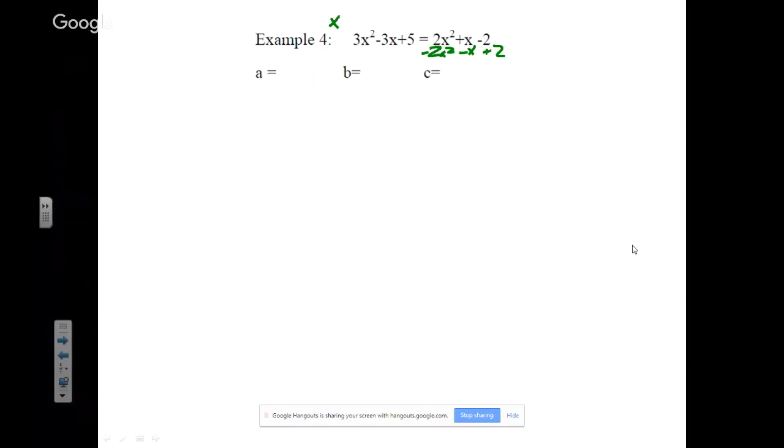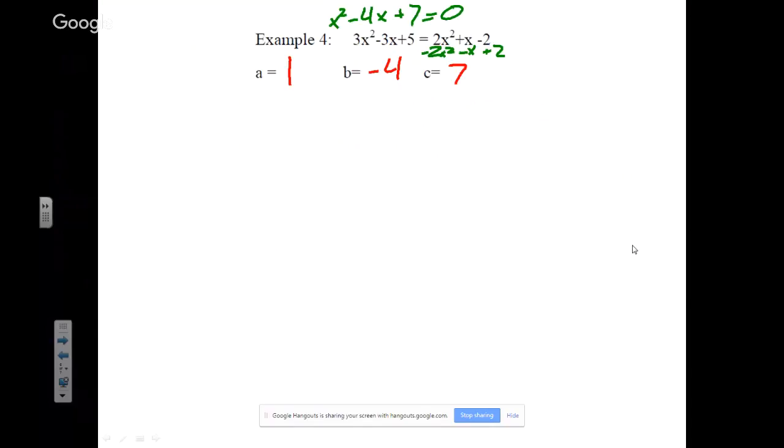So then we just get x squared minus 4x plus 7 equals 0. Then from here, we can just figure out what the a, b, and c are. So a is 1, b is negative 4, and c is 7.